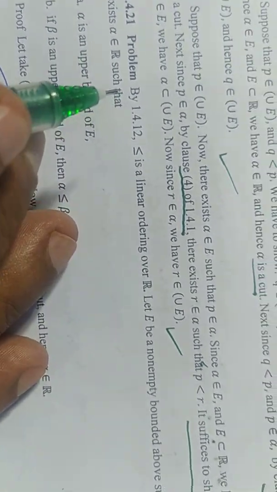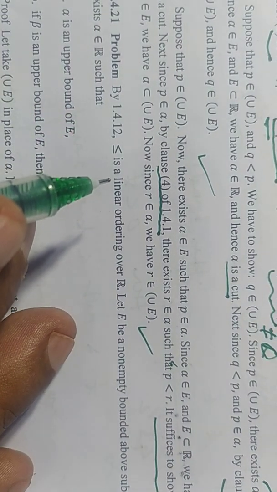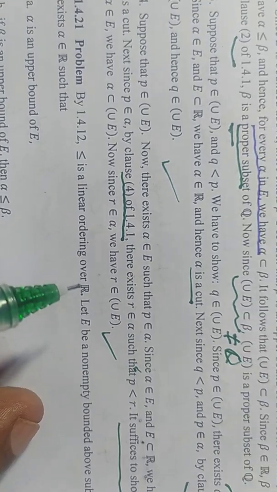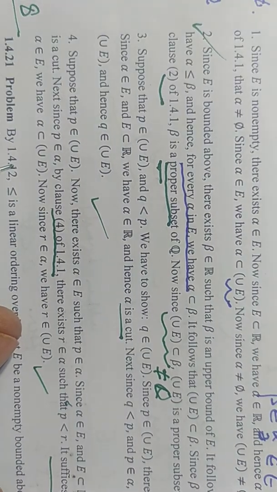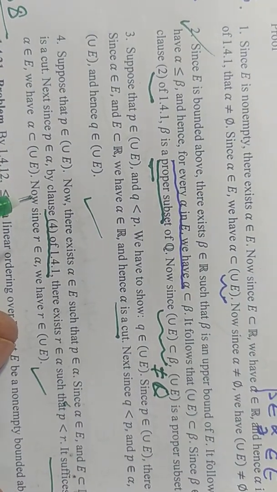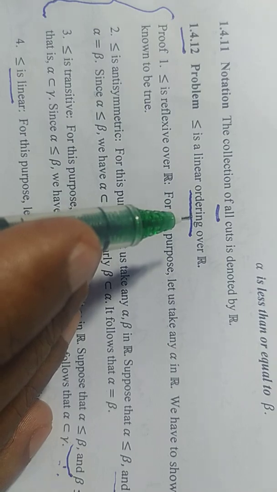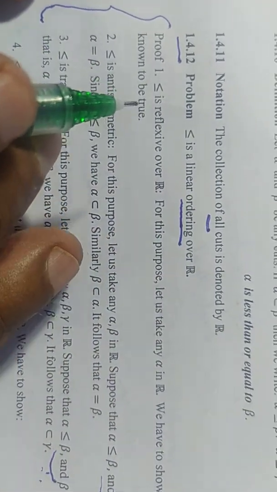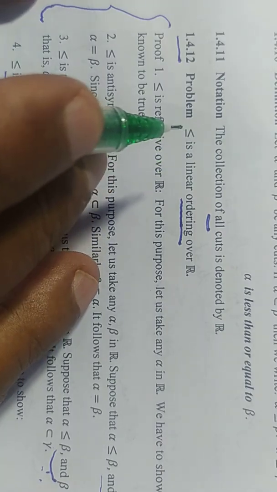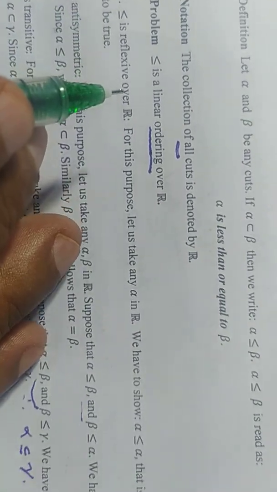1.421 problem. By 1.412, less than or equal to is a linear ordering over R. This has been done in 1.412. It means less than or equal to has four very interesting properties. First, less than or equal to is reflexive.